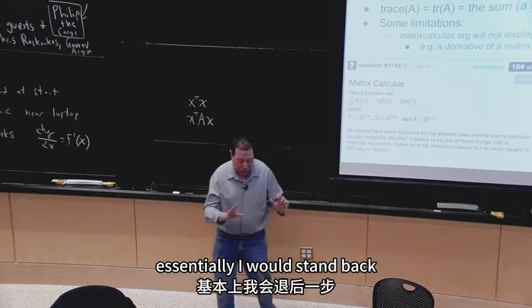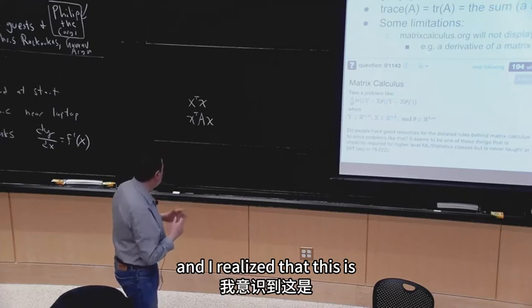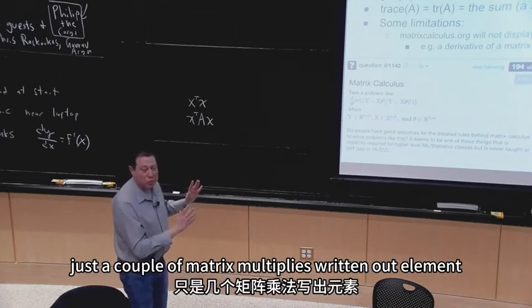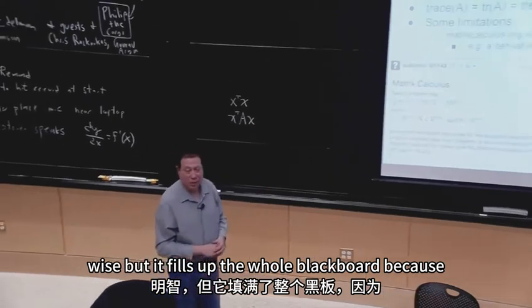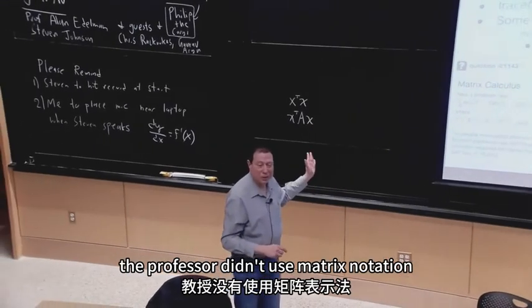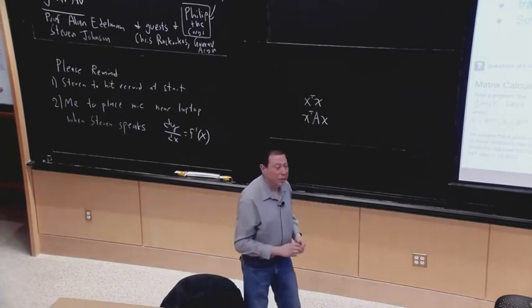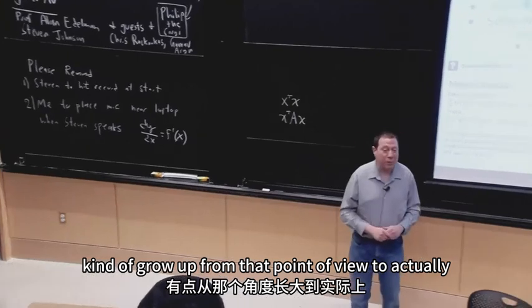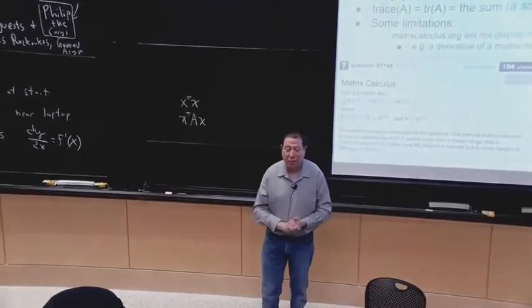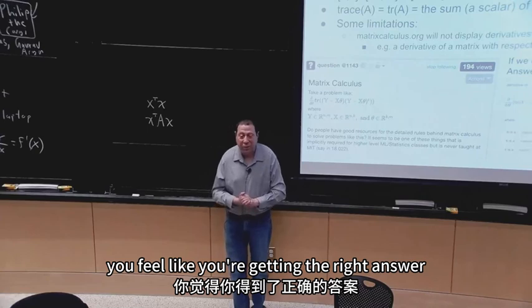I would stand back and look at the entire blackboard, and I realized that this is just a couple of matrix multiplies written out element-wise. But it fills up the whole blackboard because, for whatever reason, the professor didn't use matrix notation. They just used scalar notation with indices all over the place. One of the things you'll see is how to grow up from that point of view. Sometimes it's useful to work with indices, and sometimes it's comforting. You feel like you're getting the right answer.